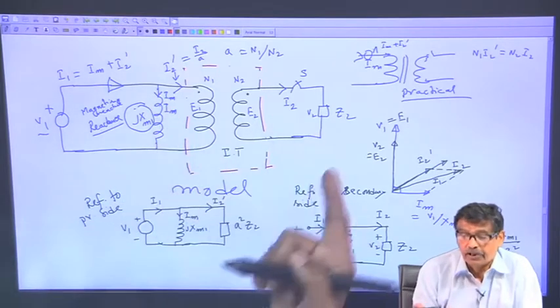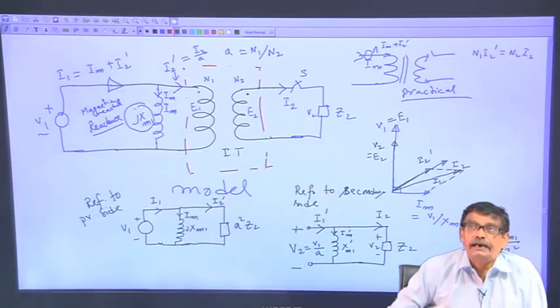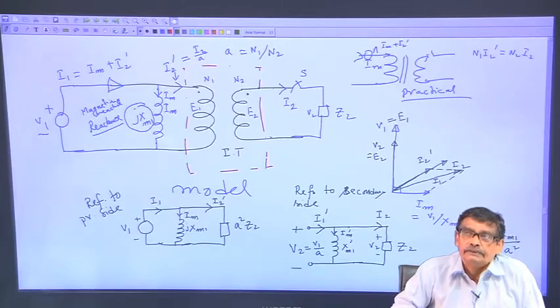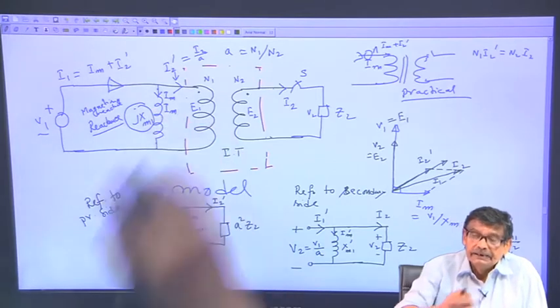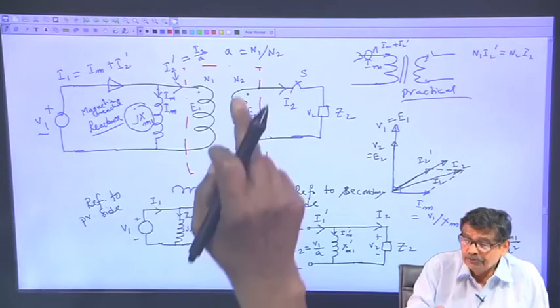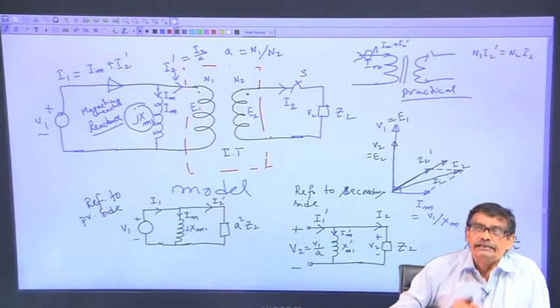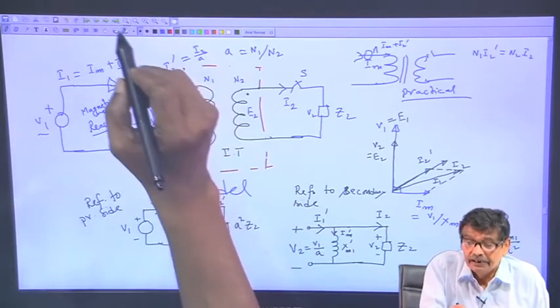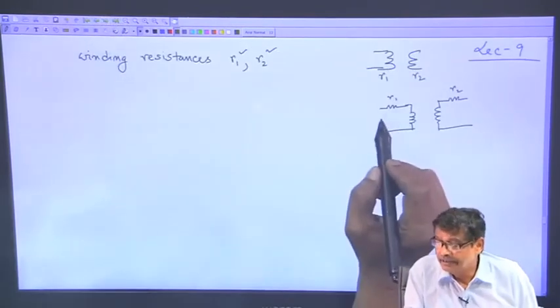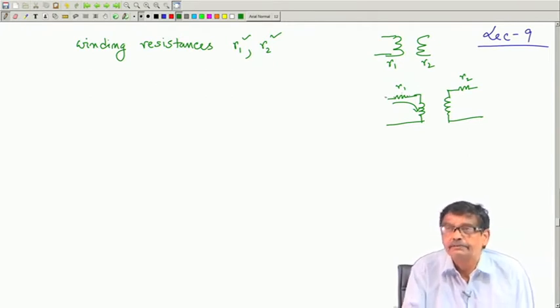Question is, where should I put R 1? Should I put it here? Should I put it there? Where? That is an interesting question. This portion is ideal, mind you. Therefore, if there is winding resistance, what is it going to do? Whenever this coil will carry current, in your practical transformer, there will be a voltage drop here in the resistance.